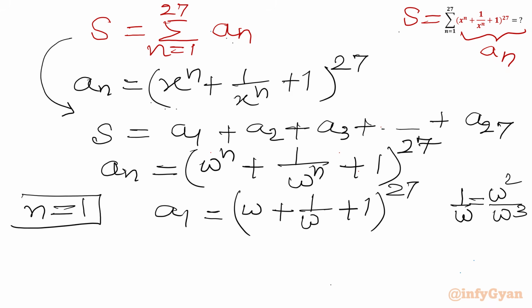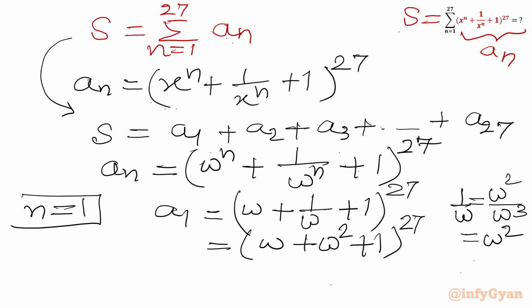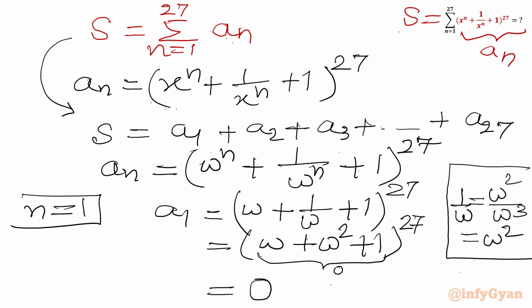Now we know that omega cube is 1, so 1 over omega will be omega square. So I can write (omega plus omega square plus 1) whole power 27. Now 1 plus omega plus omega square is equal to 0. So I can write a1 would be 0.